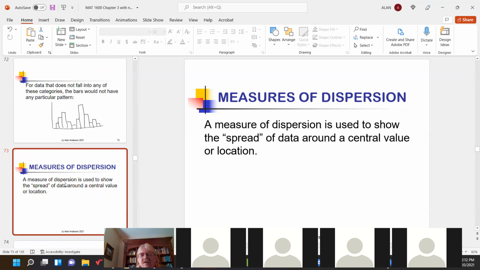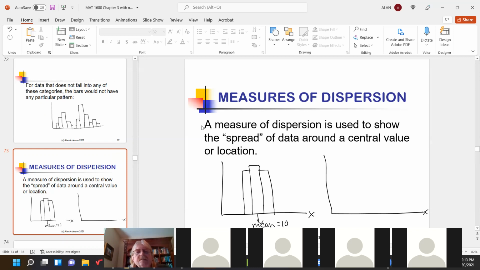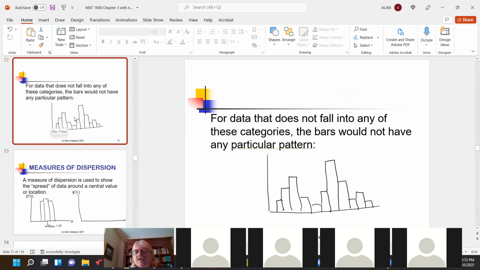For example, imagine I've got two histograms for two different situations. Let's say they both have the same mean. I'll just use the letter X here.